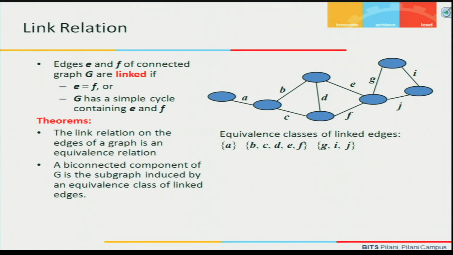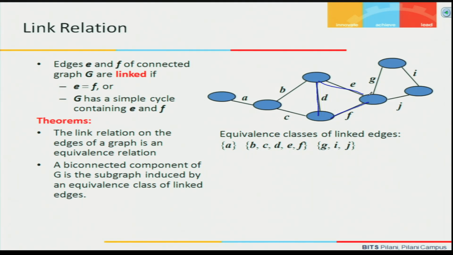In this case, if you look at this, this is a simple cycle which has D, E, F. So, we will say D and E are linked, E and F are linked, and so forth. So, we can write down this relation and check that it is an equivalence relation.